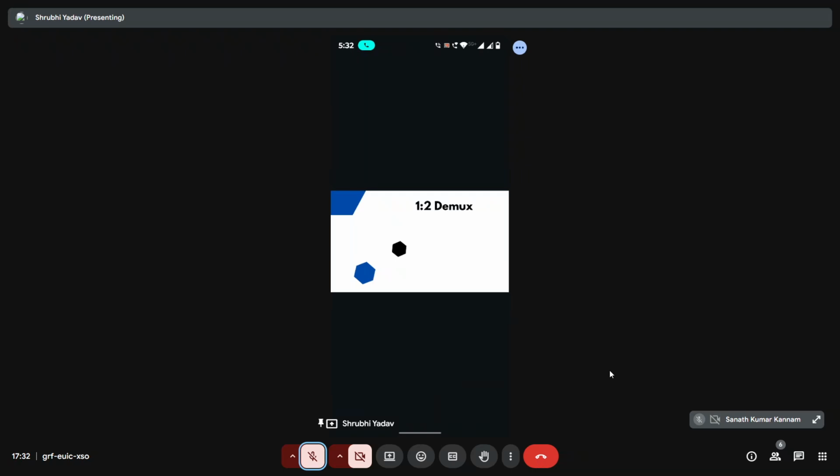Moving towards the first DMUX type, that is 1 is to 2. A 1 is to 2 DMUX has a single input, two outputs, and one select line, as I mentioned before. Seeing the diagram of this, the input has D input and one select line, with outputs Y0 and Y1. So we see the truth table of this. When the select line is set to 0, Y0 is selected, so Y0 is 1 and Y1 is 0.